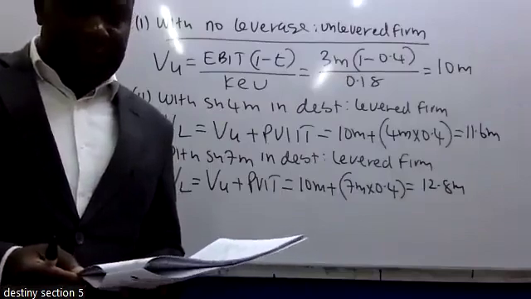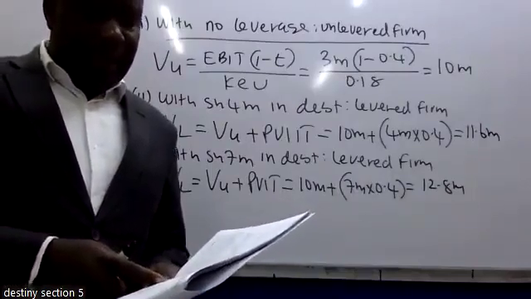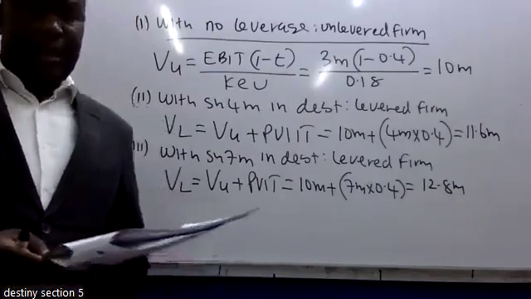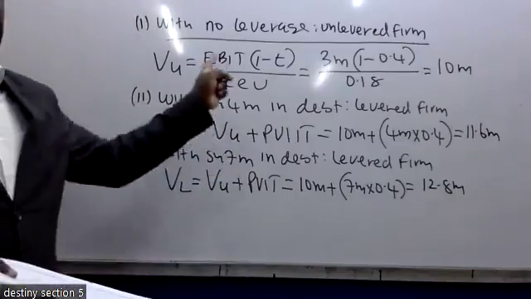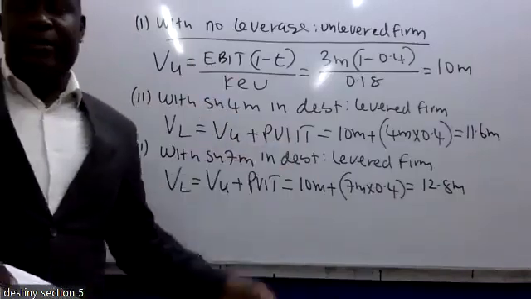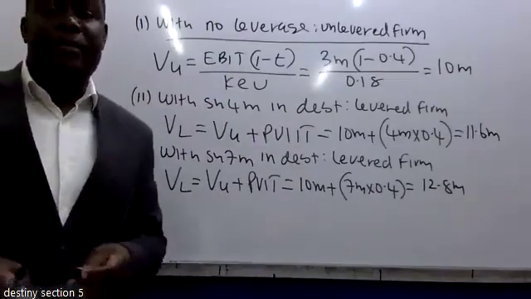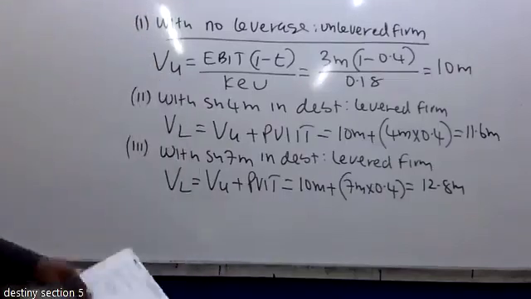The marginal personal tax rate on the common stock income is 25%, and the marginal personal tax rate on the debt income is what percent? 30%. So we repeat the entire process, but now there are personal taxes. Both corporate and personal taxes now exist.